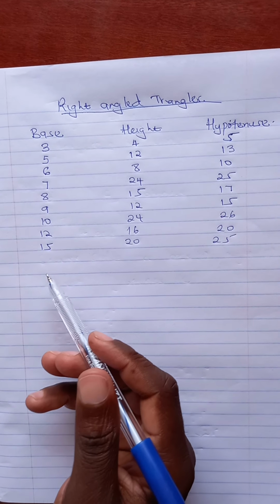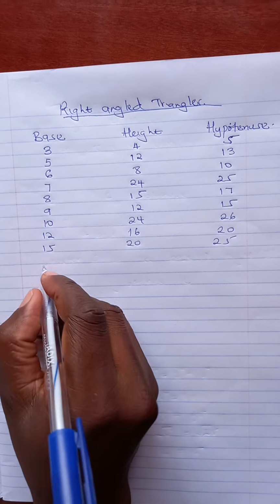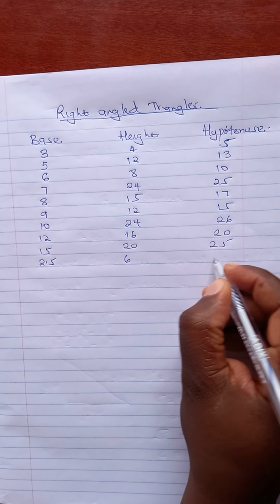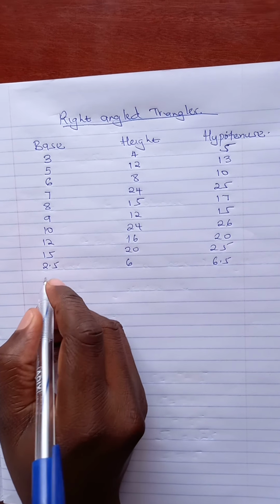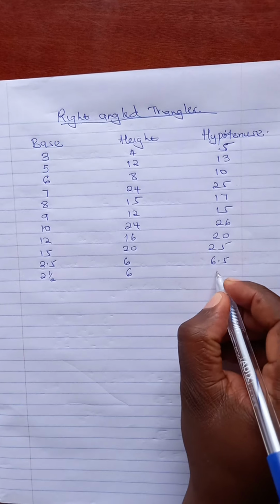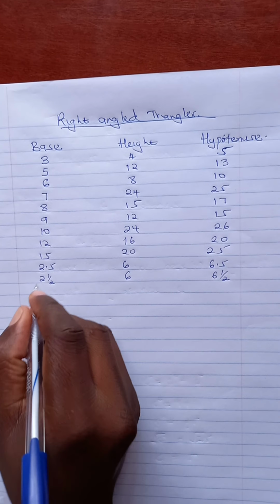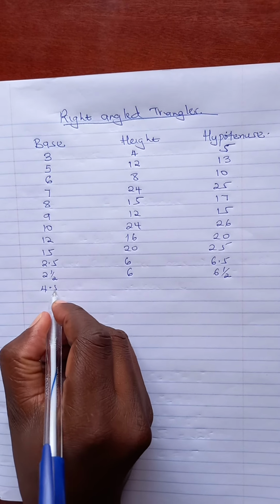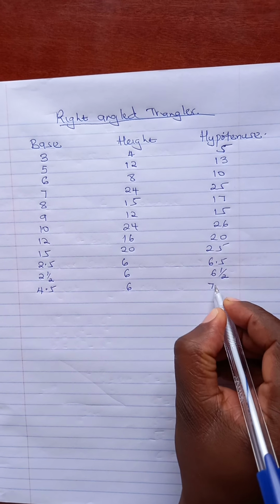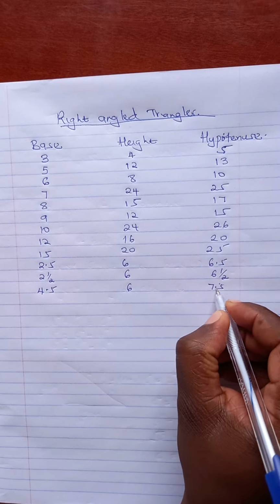We deal with decimals and fractions. For example, 2.5, 6, and 6.5. If it is in the form of a fraction, it will be 2.5, 6, and 6.5. We have 4.5, 6, 7.5.